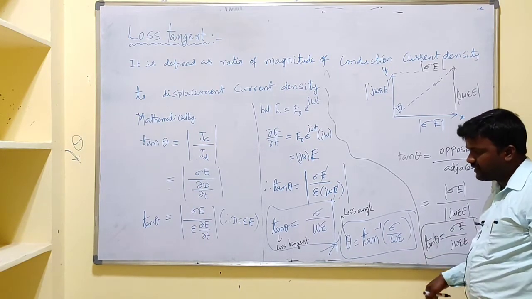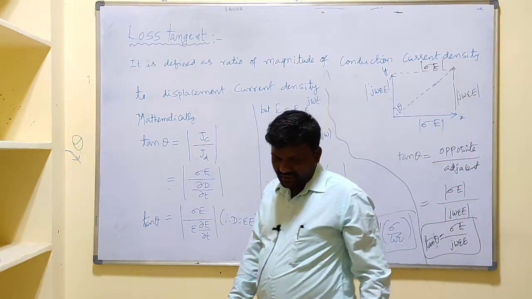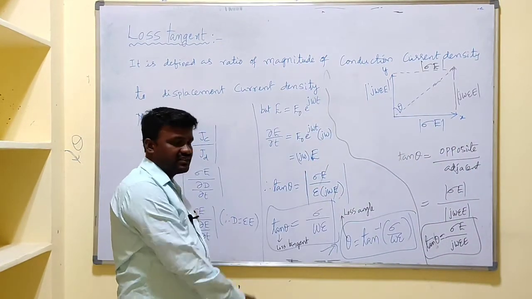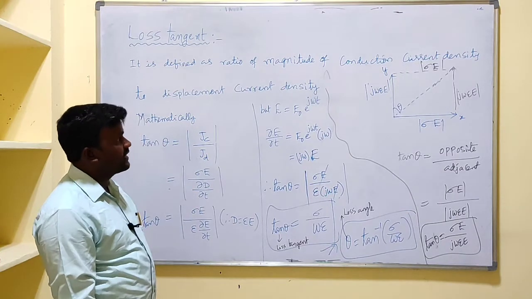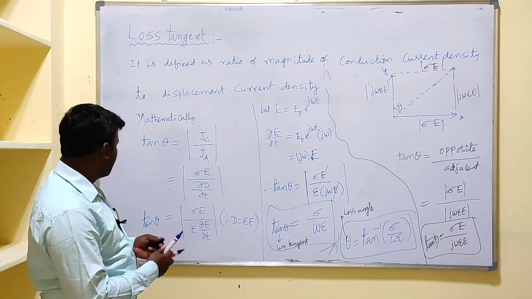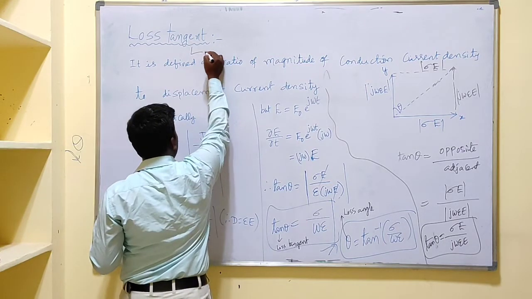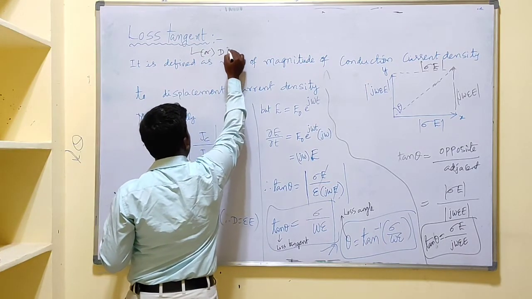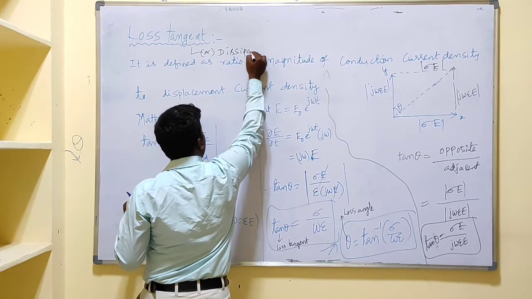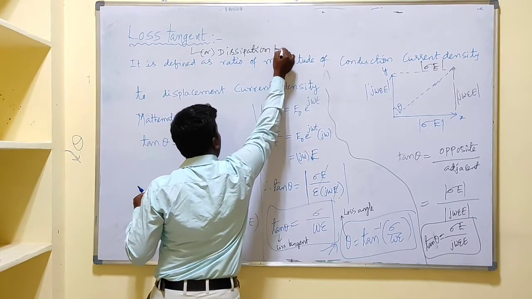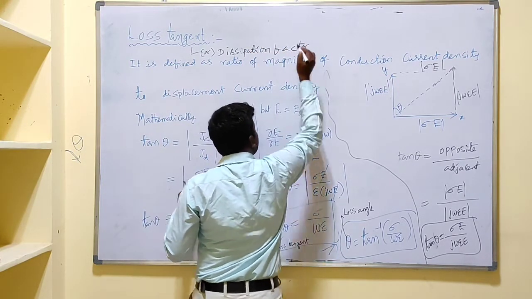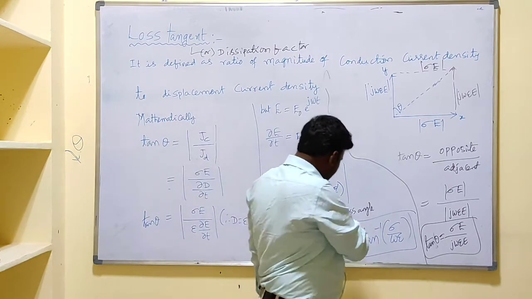This tan theta is called loss tangent, and theta is called loss angle. This tan theta, loss tangent, is also called dissipation factor.